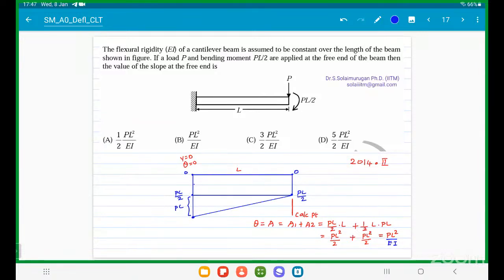Check it. Is there any doubt? Correct? Okay, sir. So if there are two areas, how to use it? A1, A2. So first time we are learning, right?